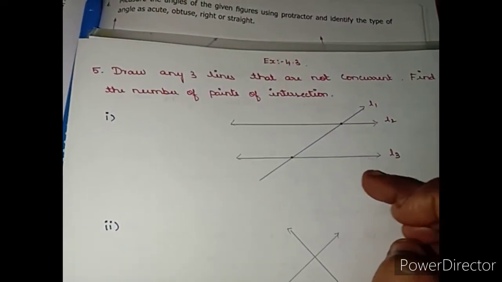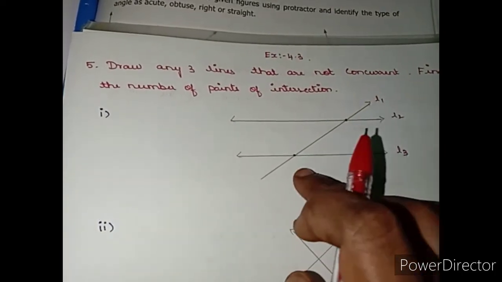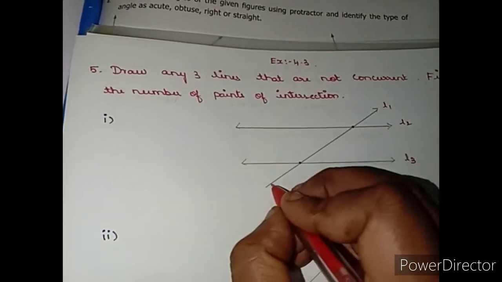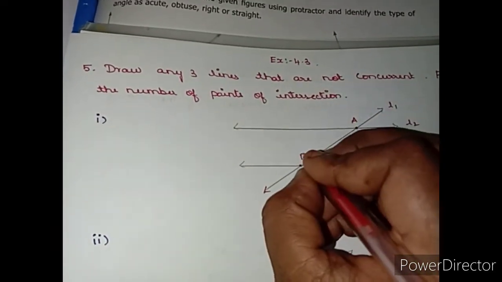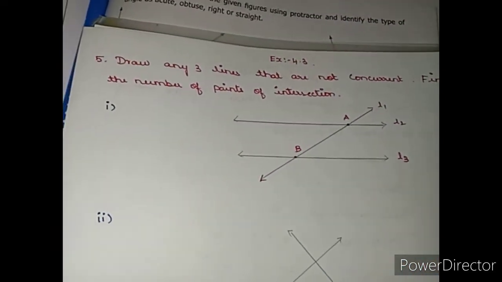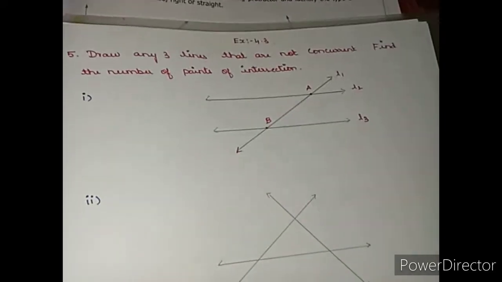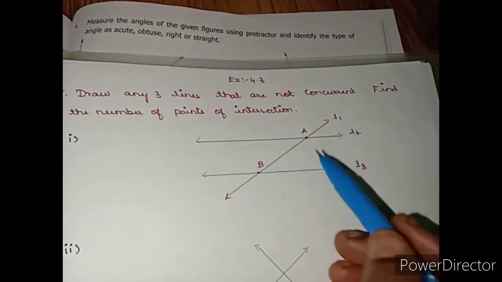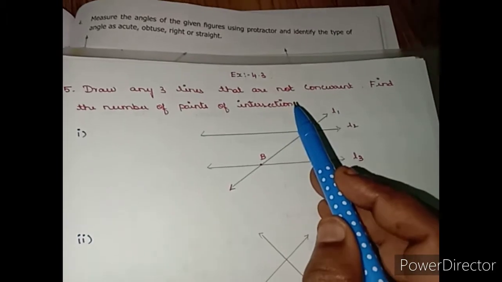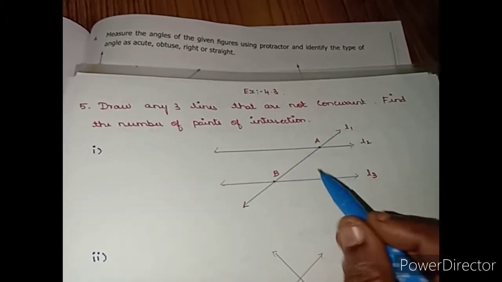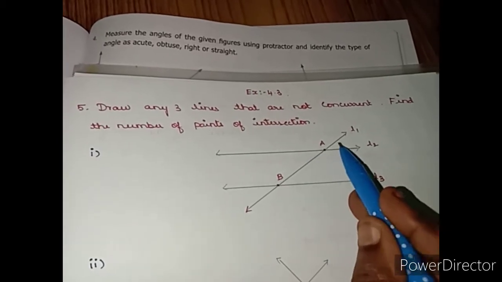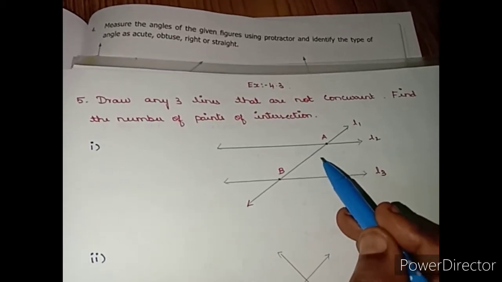So L2 and L3, L1 is getting intersected. So we'll keep this one as A and B. Okay, now we'll write the conclusion. So what is the conclusion here? They have asked us for 3 lines that are not concurrent. See, concurrent lines means all the 3 lines must be meeting in the same point.